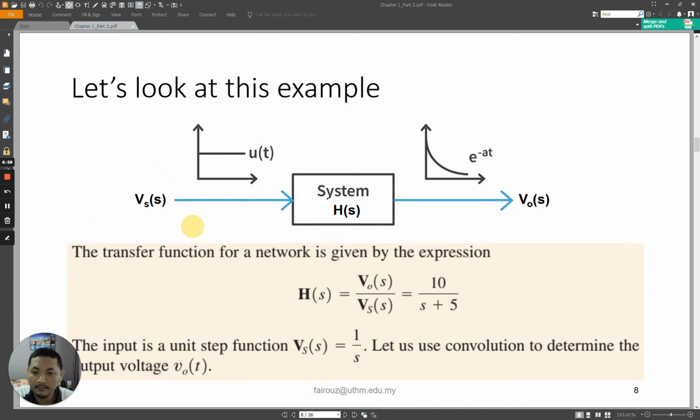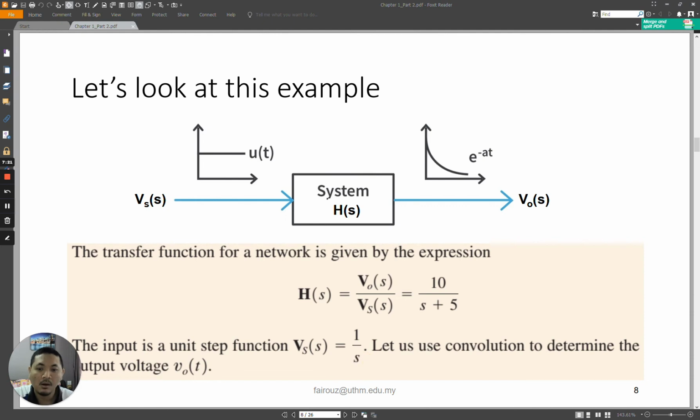And we have the input to the system, that is Vs. Now take note, all these are in S domain, not T domain. The input to the system, Vs or V supply in S domain, equals 1 over s.